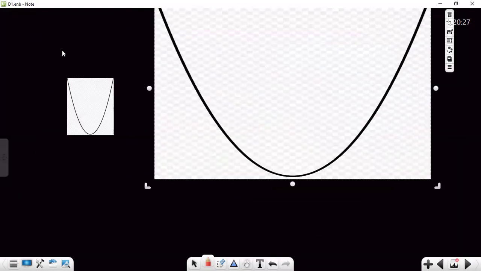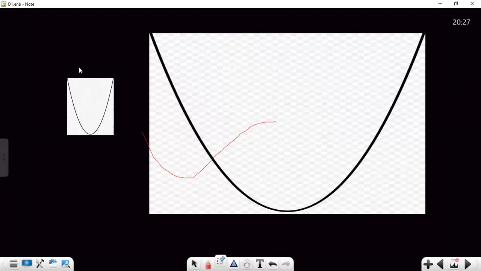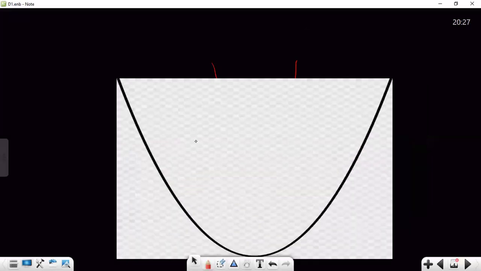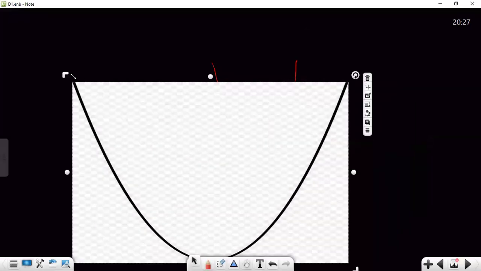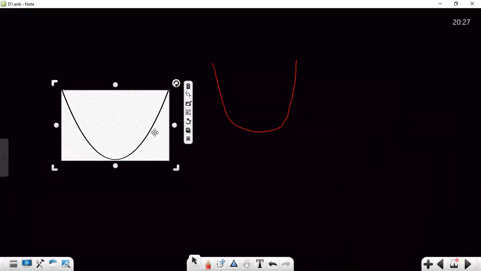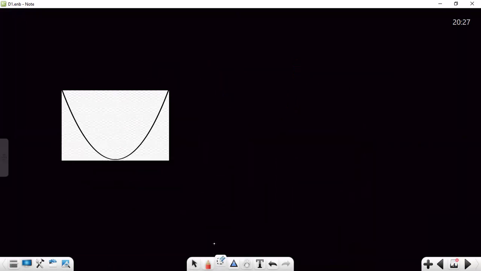Anyways, let's use what we have. So this is the drawing of a parabola that you can see in front of you. Let me draw inspiration from this and draw a parabola by myself.